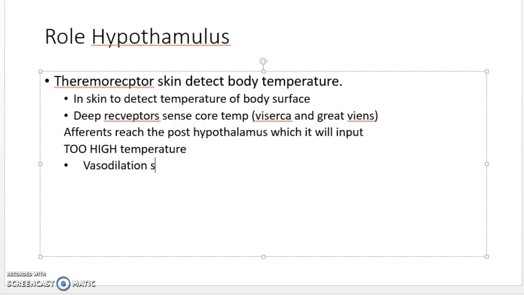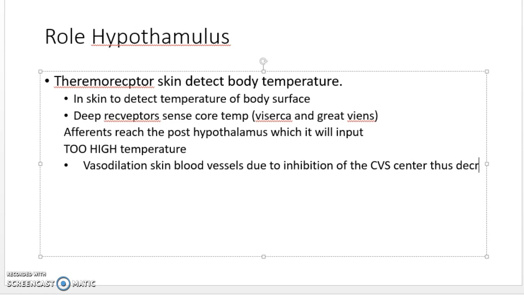It literally does happen on the tip of your fingers, in the skin blood vessels and skin capillaries, due to inhibition of the sympathetic cardiovascular centers, thus a decrease in sympathetic discharge.